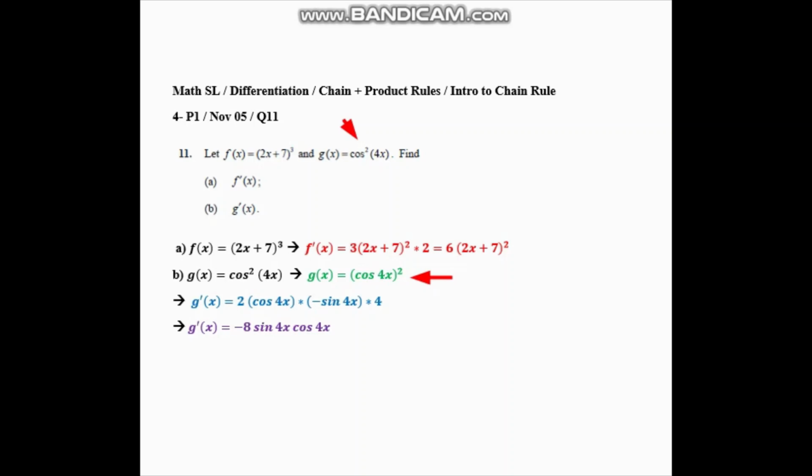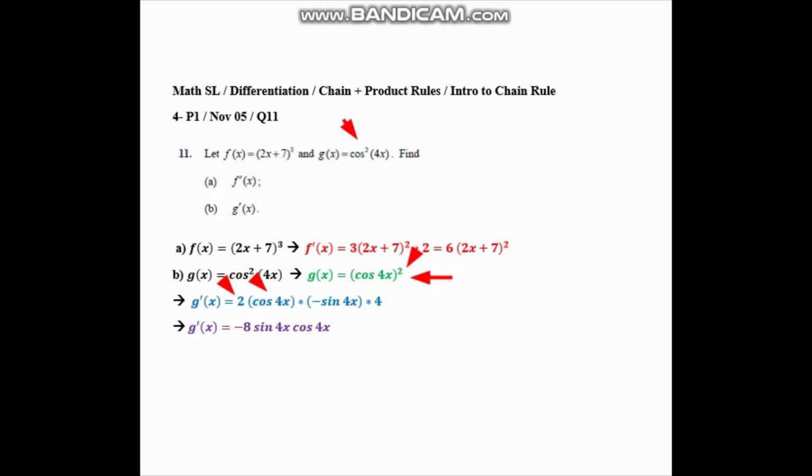And let's apply the chain rule problem, but note here that I don't have an outer and inner functions only, I have 3 levels actually. So let's see how that works. I'm going to multiply by the old power, so I have the 2 outside, and cosine 4x becomes raised to the power of 1 because I've reduced my old power by 1.